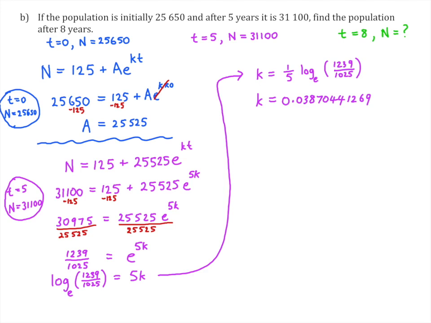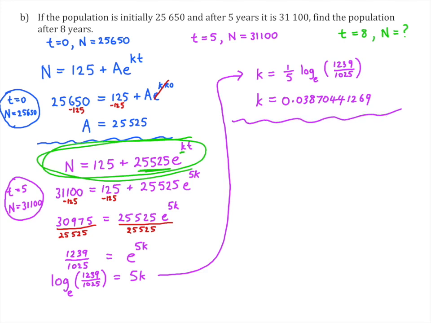Now, I have a value for k, which means my formula, and remember, here's my formula. I figured out this number, I now know k. So I'm going to rewrite my formula. So my new version of the formula is as follows.